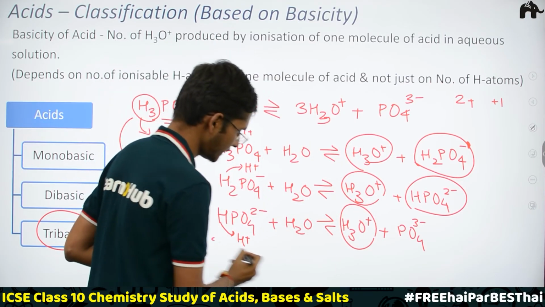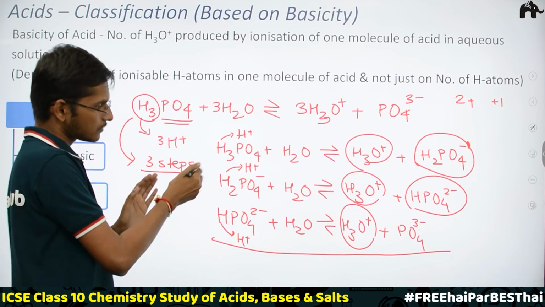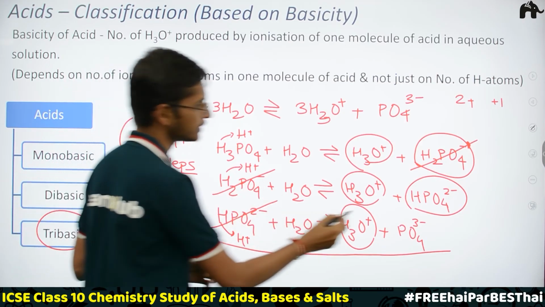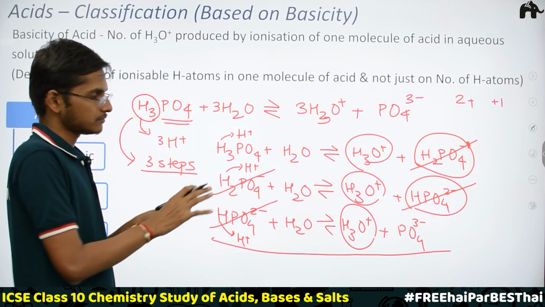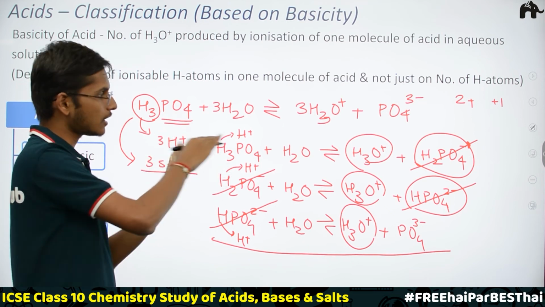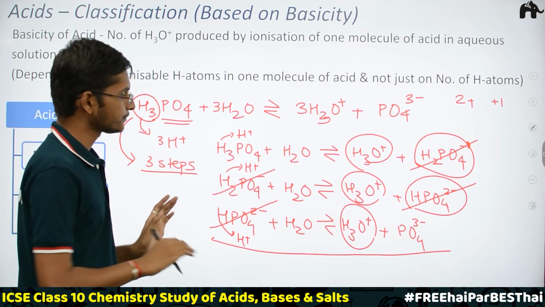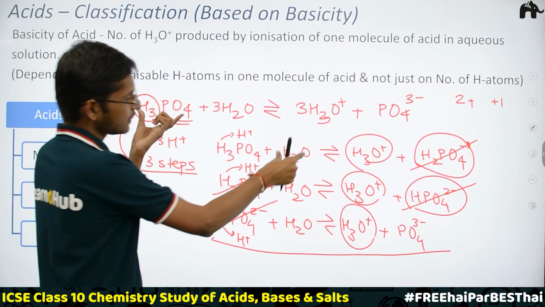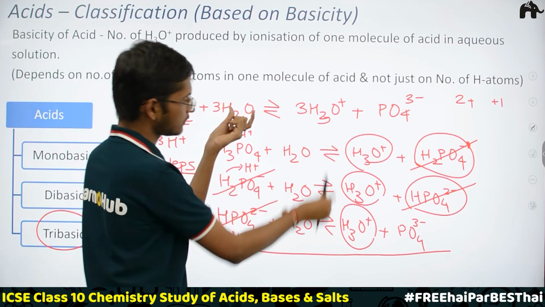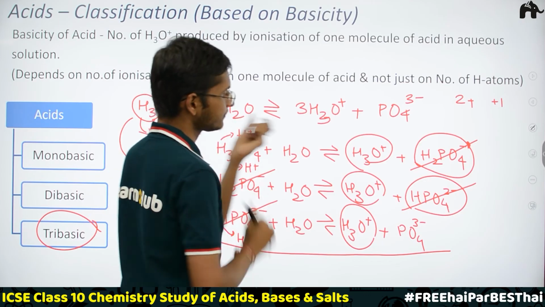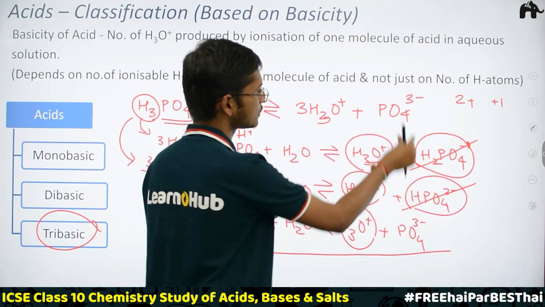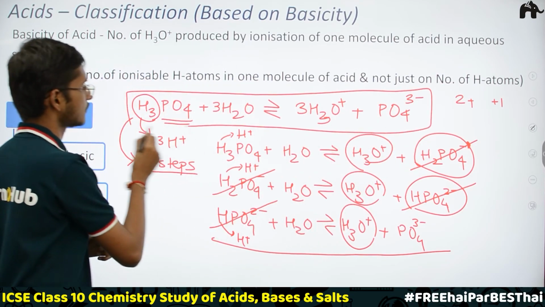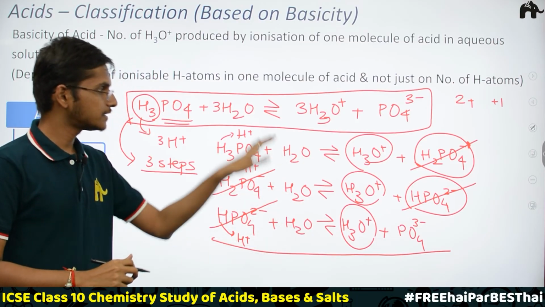When we write the net equation, H2PO4 minus would get cancelled, and HPO4 2 minus would get cancelled. You can sit and slowly observe which terms would get cancelled; I am directly telling you. So from this H3PO4, the net reaction is H3PO4 plus 3 water molecules, reversible arrow, 3 hydronium ions, and PO4 3 minus ion. This is the net ionization equation out of all the 3 steps.